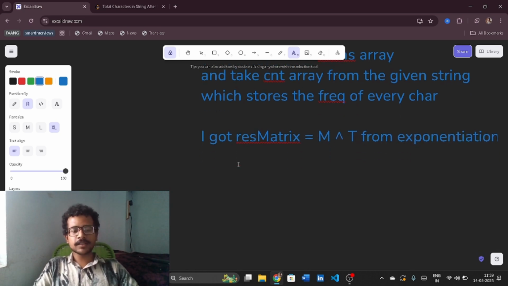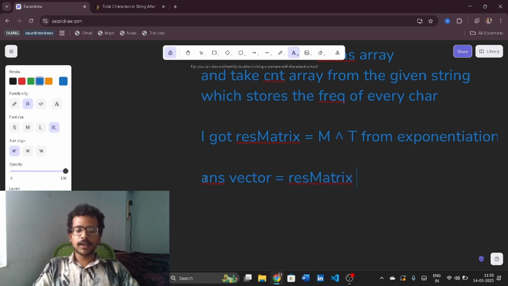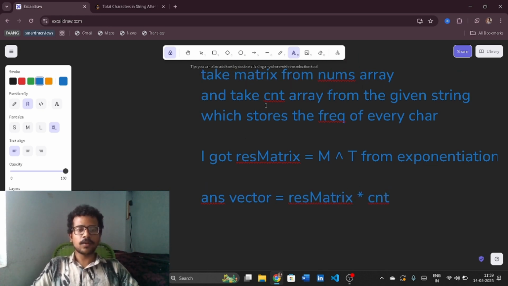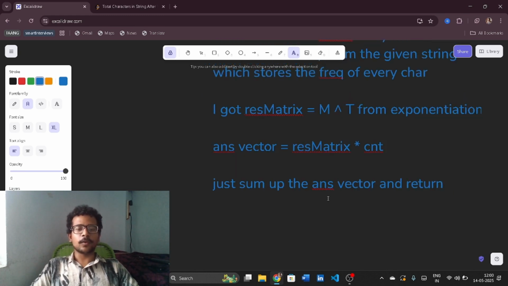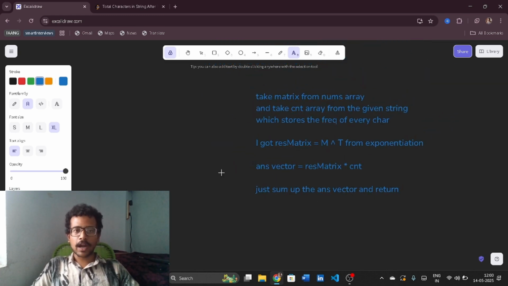Here the answer will be a vector. So the answer vector is equal to the result matrix multiplied with the count array. Just sum up the answer vector and return it. That's it. So I got some 4 or 5 lines.